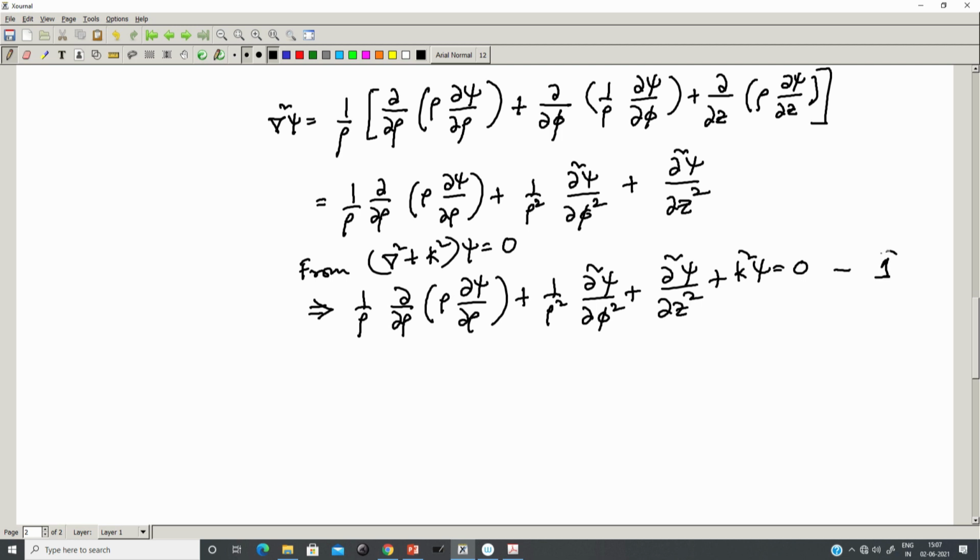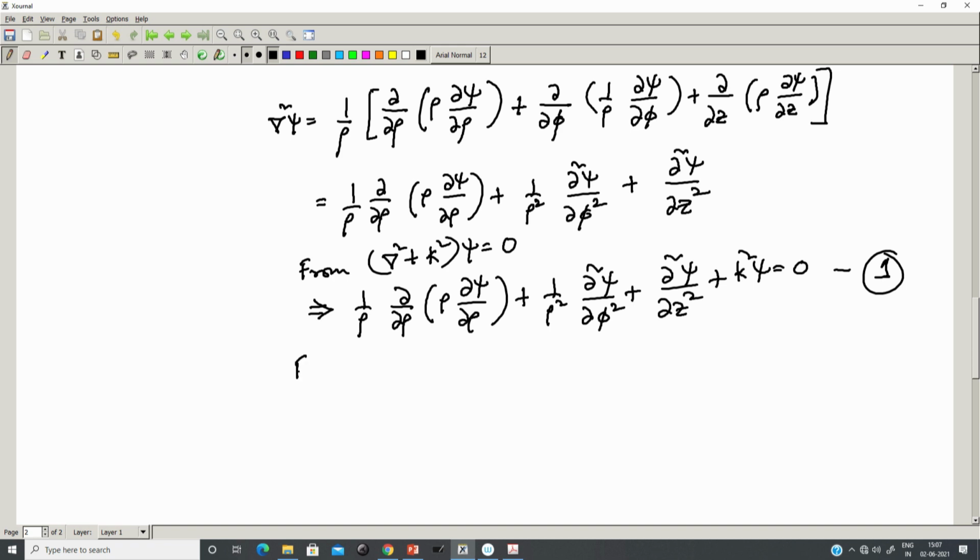So, this is the Helmholtz equation in the cylindrical coordinate system, which we will try to solve using the separation of variables, which is the same technique applied for solving the Helmholtz equation in the rectangular coordinate system.